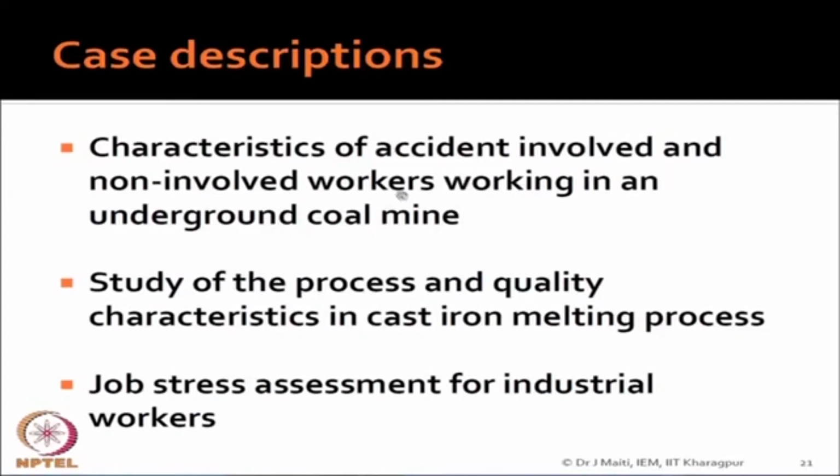I told you that in safety management, one of the theories, which is not that popular now, but is still working in that sense, is that some people are inherently accident prone.